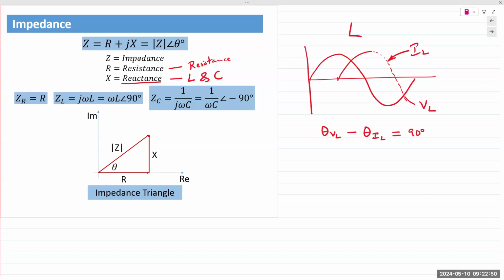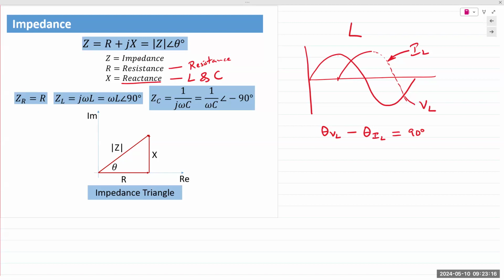Okay, the current is behind the voltage or lags the voltage, or you could say voltage is ahead or voltage leads the current for an inductor. Okay, and the result of that is there's a phase shift between the voltage and current for that specific component, meaning that specific inductor. Always 90 degrees, plus 90, always.